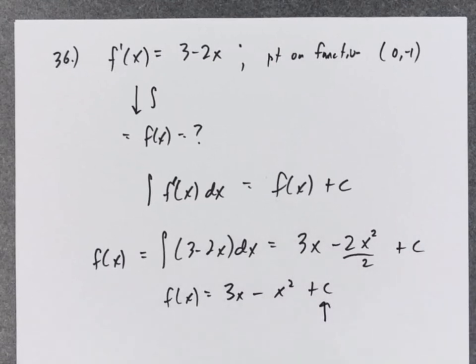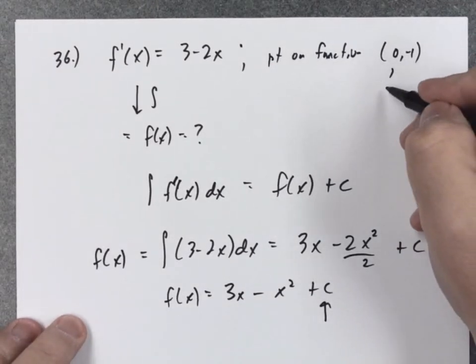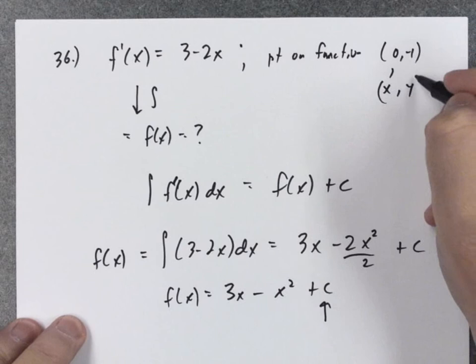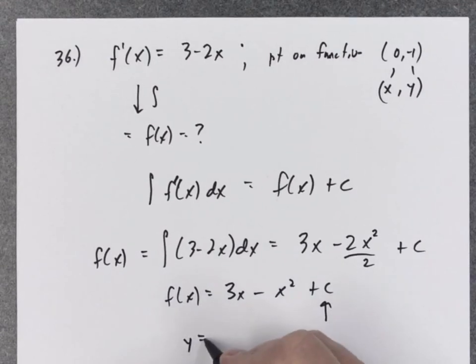But the problem is, I don't really want to leave that c in my original function. If there's a number there, I'd like to know the number. And that's why they give you this point. This point is like the x and the y of a point on your function. Now here I have f of x, but of course f of x can always be changed to y.